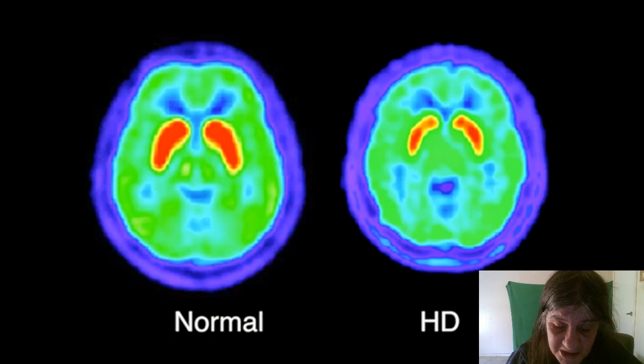So some of the signs and symptoms of the psychiatric part of Huntington's disease are feelings of irritability, sadness, or apathy, social withdrawal, insomnia, fatigue and loss of energy, frequent thoughts of death, dying, or suicide.